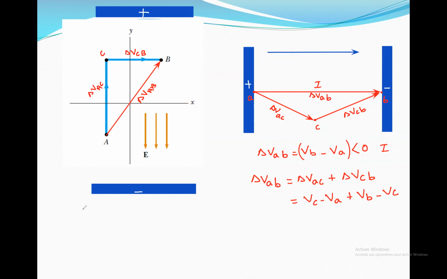In this case, we have delta VAB equals delta VAC plus delta VCB. Like this, we can solve the problem.